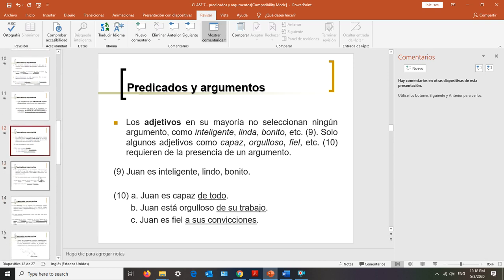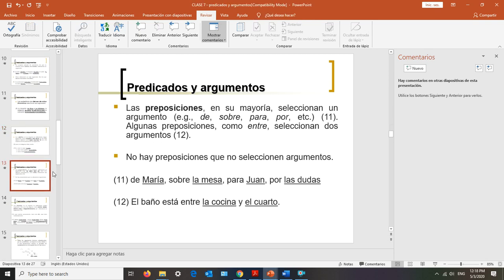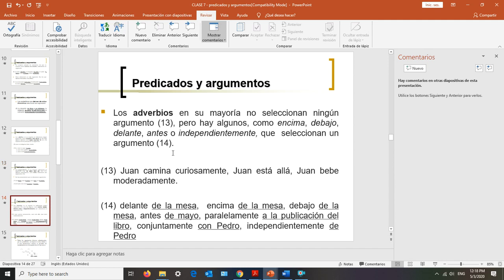Adjectives can also be considered predicates that have an argument structure of their own. Prepositions mostly select for one argument. You have sobre, de alguien, para alguien, entre una cosa y otra cosa, una entidad y otra entidad. Adverbs are generally not associated with an argument structure, right?